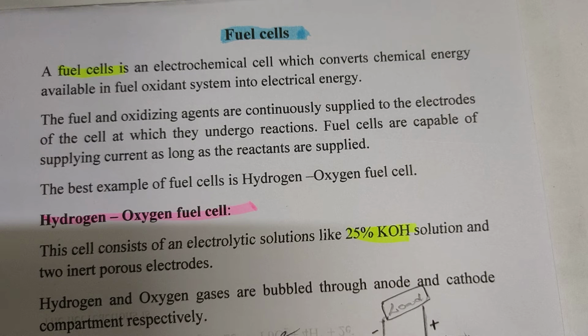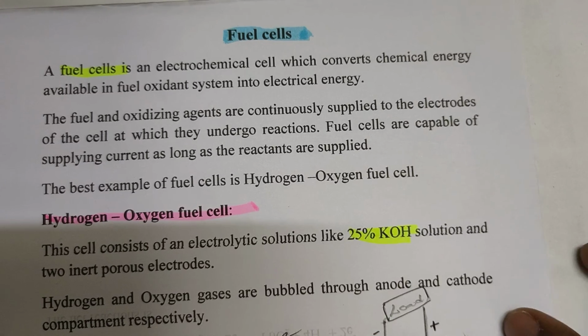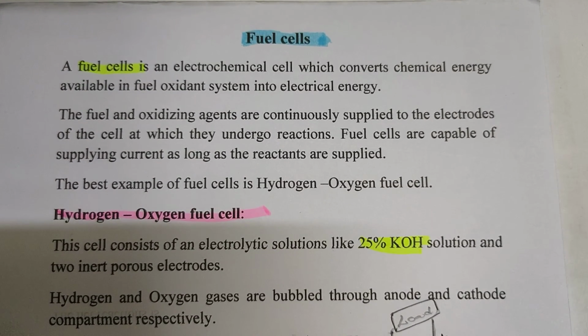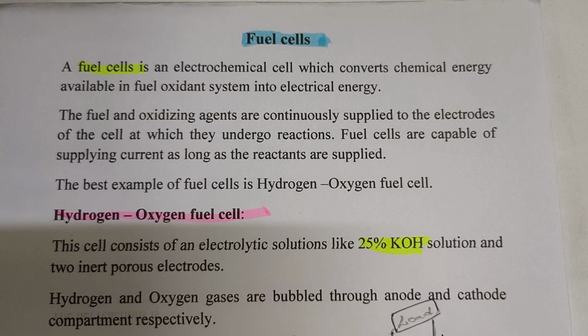As hydrogen is a lightweight gas, these fuel cells are preferred for spacecraft, and the product H2O is a valuable freshwater source for astronauts. These are the main applications of the hydrogen oxygen fuel cell.